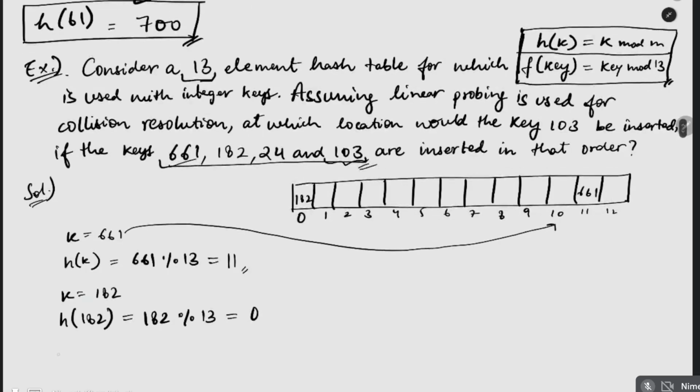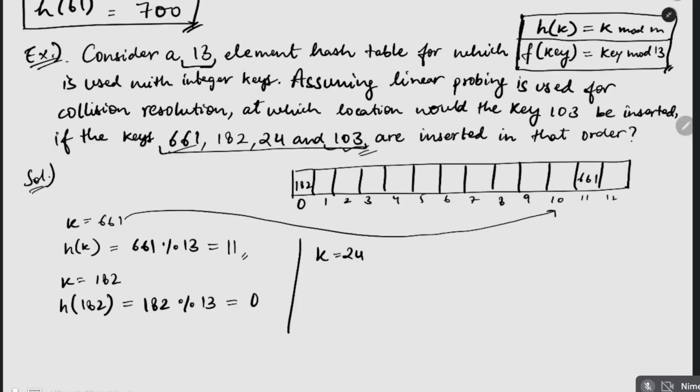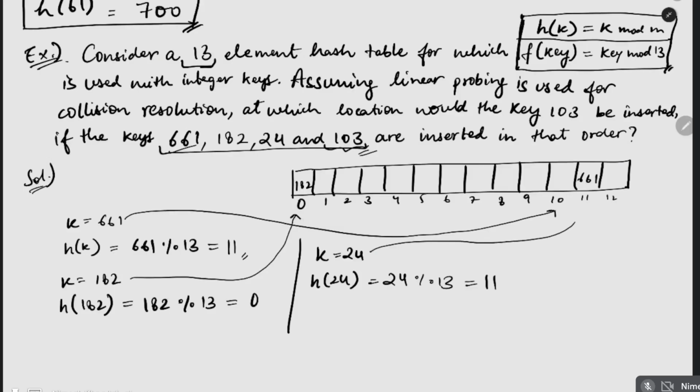And then for k equal to 24, h of 24 is 24 mod 13, that is 11, right? So 182 went to index 0 and 24 should go to index 11.